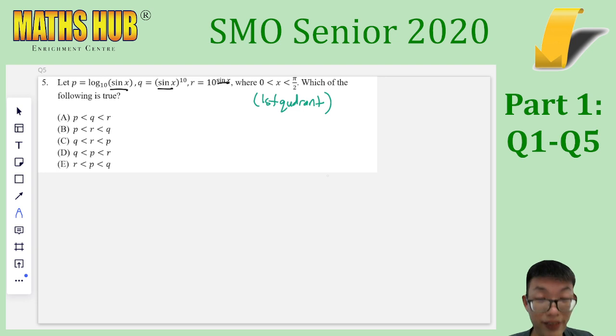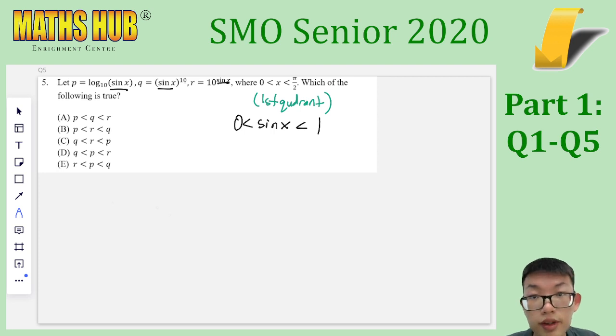If x could be anywhere in the first quadrant, then sine x is between 0 and 1. And it could be anything between 0 and 1, excluding the endpoints. So we could rather easily use that to compare these three expressions: log base 10 of sine x, sine x to the power of 10, and 10 to the power of sine x.